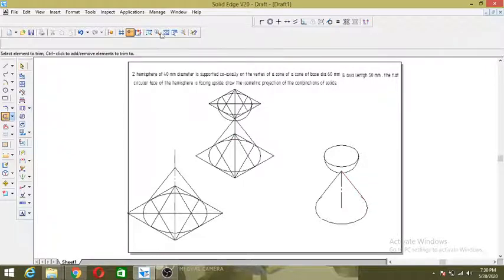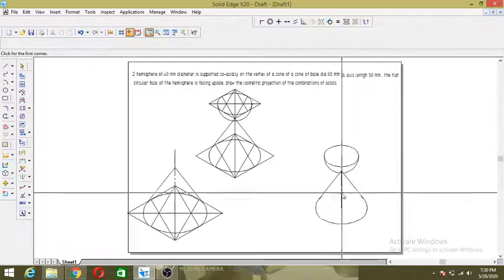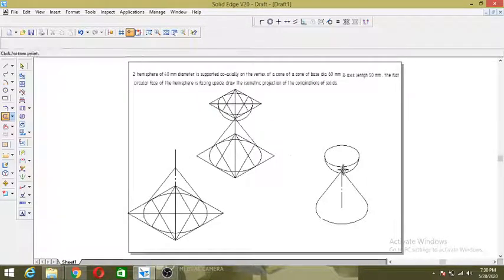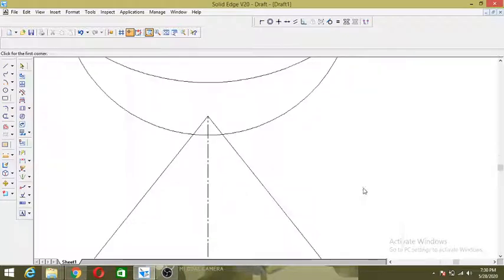Then see here, be careful when you are deleting this also. Use the trim option, then zoom in on this area. You have to delete this also. Still, here also some portions are left. Trim this.